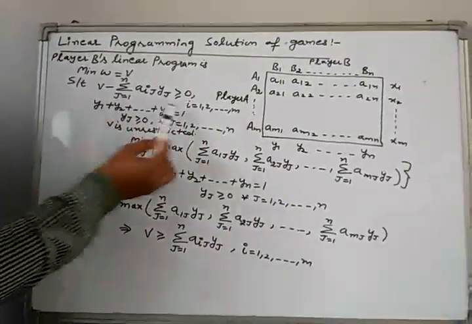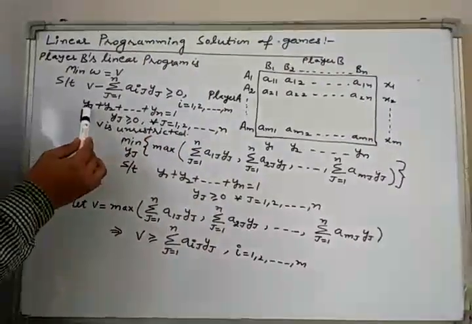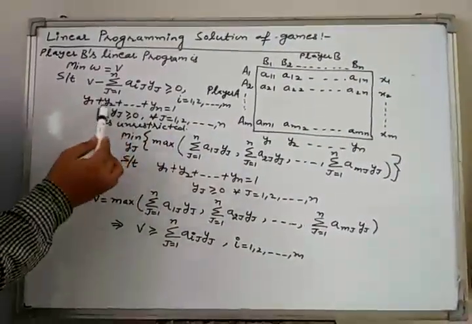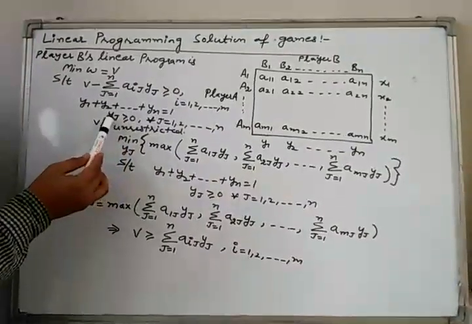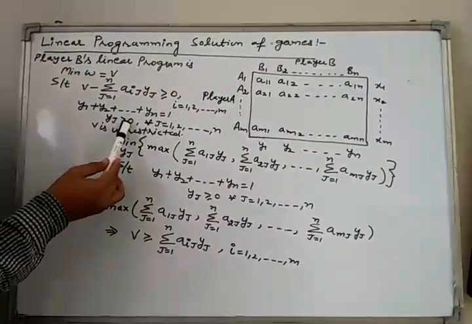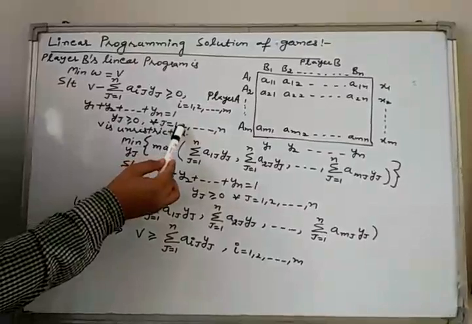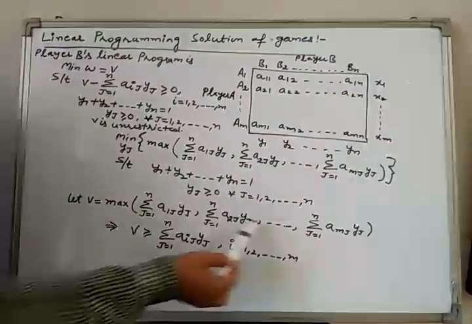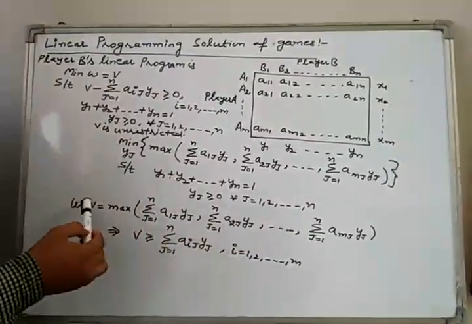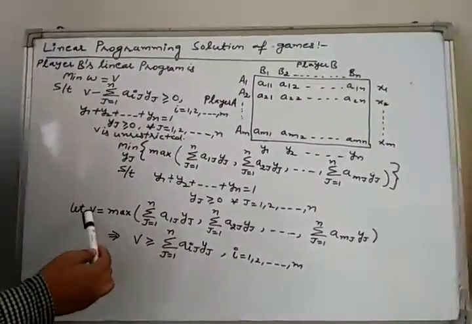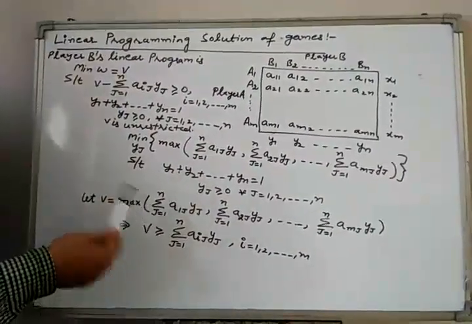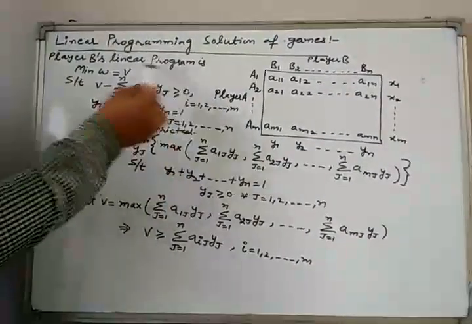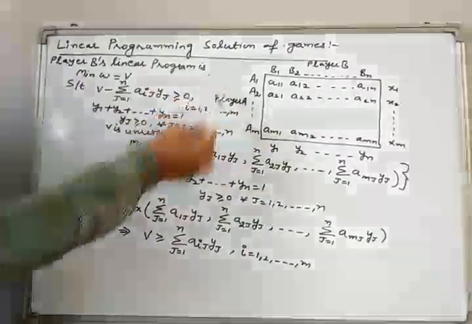And the sum of probabilities equal to 1, that is y1 plus y2 plus so on up to yn equal to 1. All probabilities are greater than or equal to 0, therefore yj greater than or equal to 0 for every j varies from 1 to n. And because v is the maximum value of this and moreover v is the value of game, therefore it can be negative, positive or 0, therefore v is unrestricted. This becomes player B's linear program.